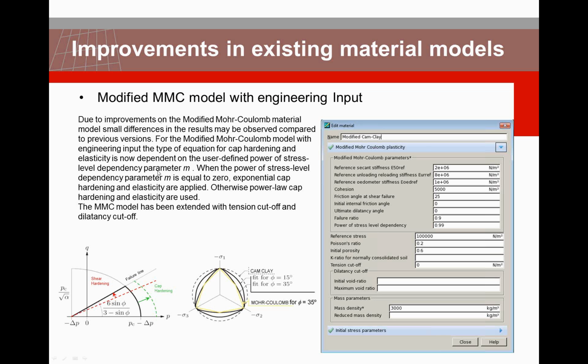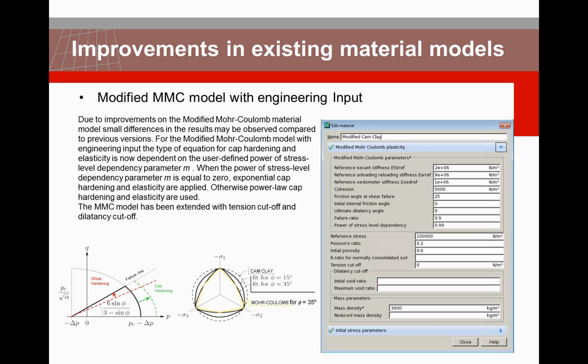further improved. For example, in the modified Mohr-Coulomb model, we can ask the user to define a level of dependency on the power of stress. And we have modified the model in a way that if the user defines this parameter equal to 0, the exponential cap, hardening and elasticity are applied, and otherwise the power law cap, hardening and elasticity are applied.